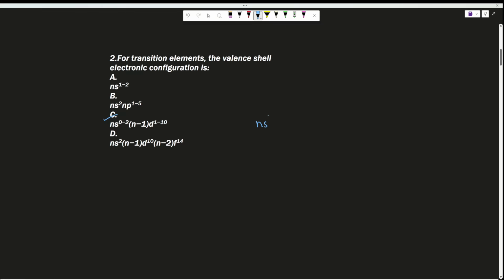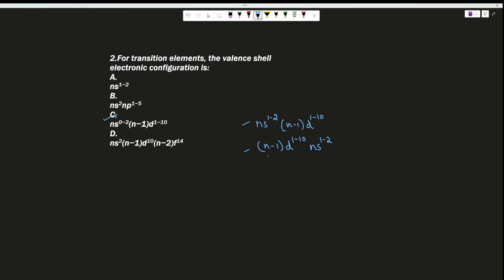Sometimes we also write ns 1 to 2 and (n-1)d 1 to 10, or while writing the configuration we can write d first, that is this one, and then ns 1 to 2 or 0 to 2. Okay, all these are actually proper.